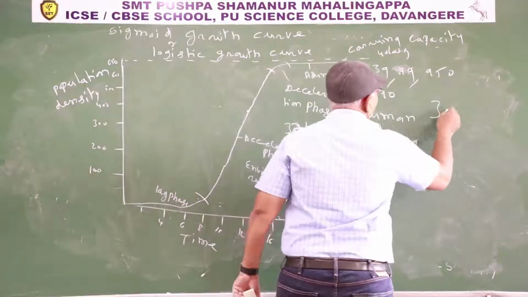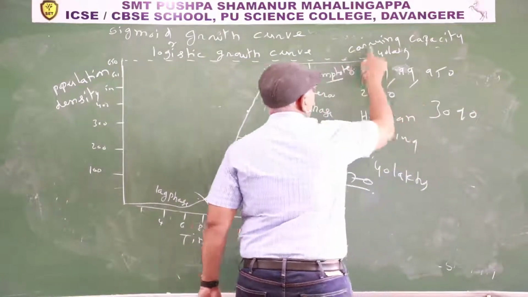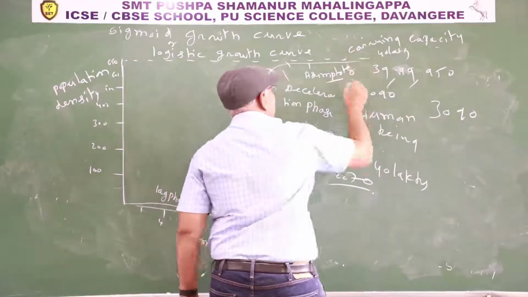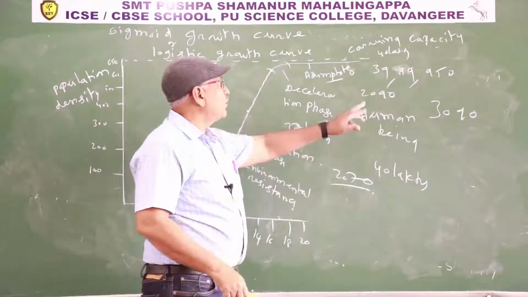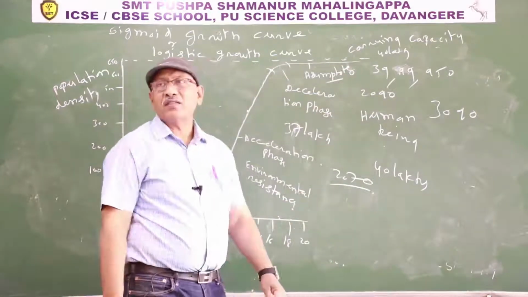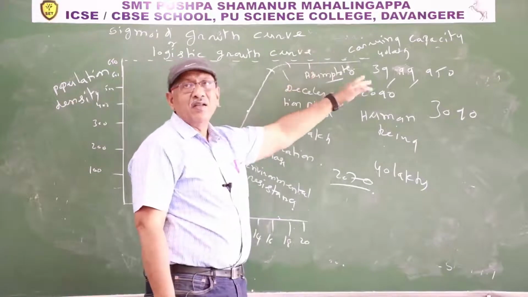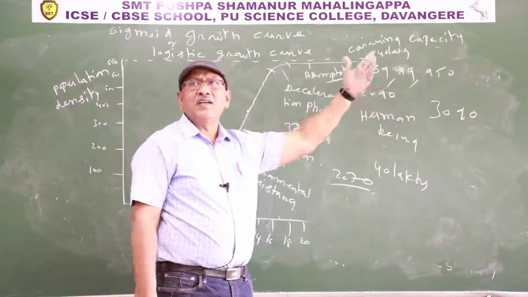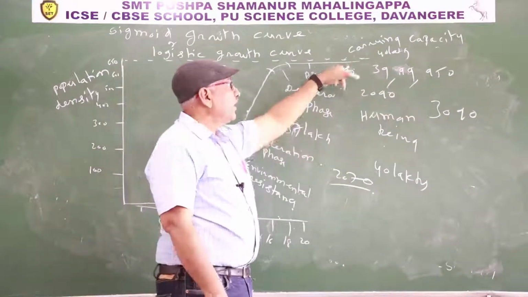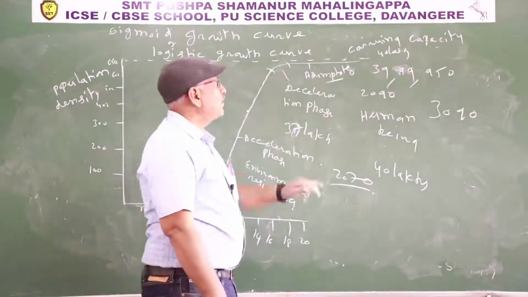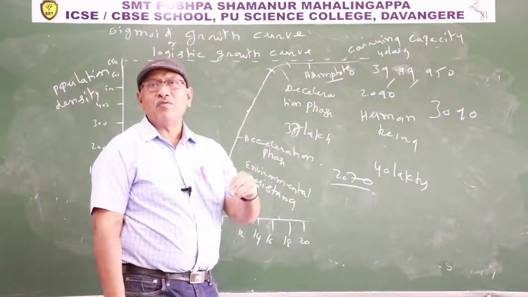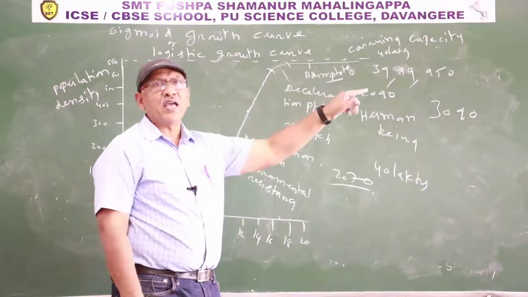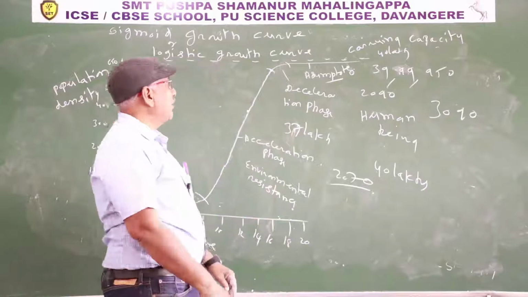In 3090 also the population is fluctuating. Davanagere's population is fluctuating around 40 lakhs, maybe 40 lakhs 10 or 39 lakhs 99,980 or 970, like that. So what is carrying capacity? The maximum number of individuals that a habitat can bear is known as carrying capacity.